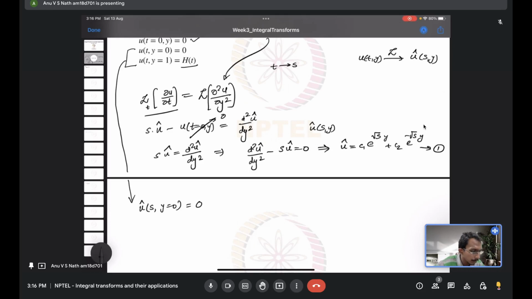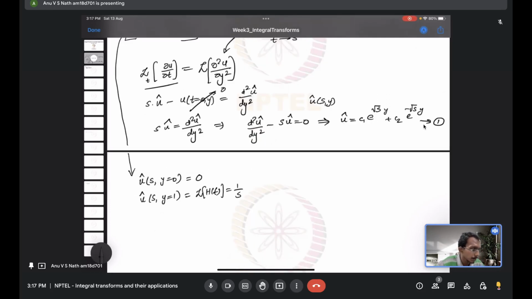And the other condition is u cap at y equal to 1, which is the Laplace transform of Heaviside of time, and that we know is 1 by s, right? So this information we can use here.